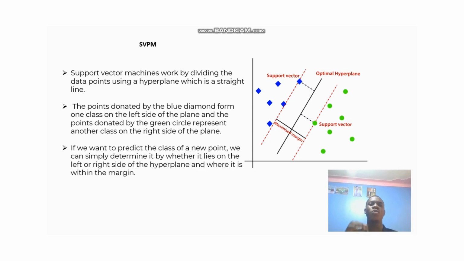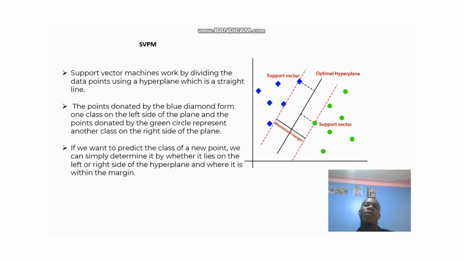So if you want to know where a new data point falls, or which category it belongs to, you just measure its distance from the hyperplane, or just look at it and see which side of the hyperplane it falls on.